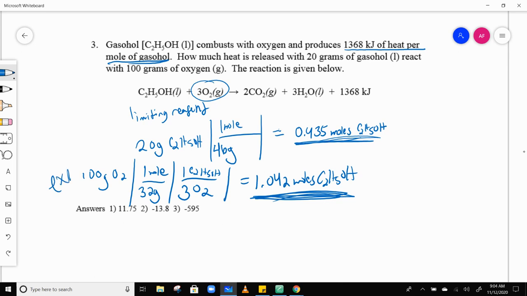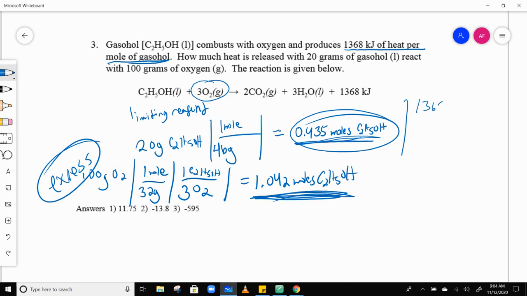This is excess. And when we have the excess, we're not going to use that one. We're going to use the limiting one. So this is the one we're going to use to figure out how much energy is released. We take that many moles of it and multiply by the 1368 kilojoules for every 1 mole. And when you do that, you should get this answer here. Yeah, pretty much.